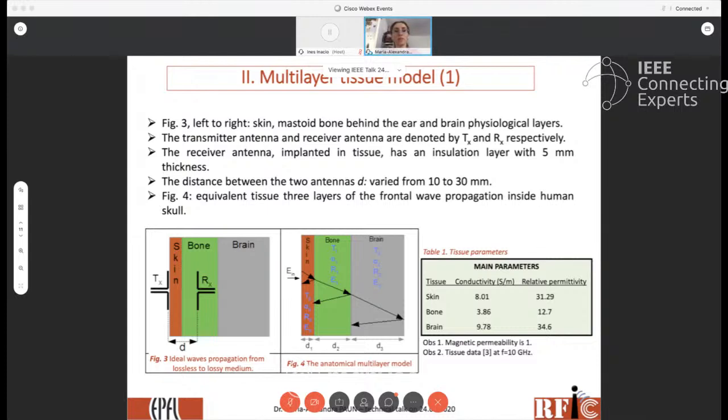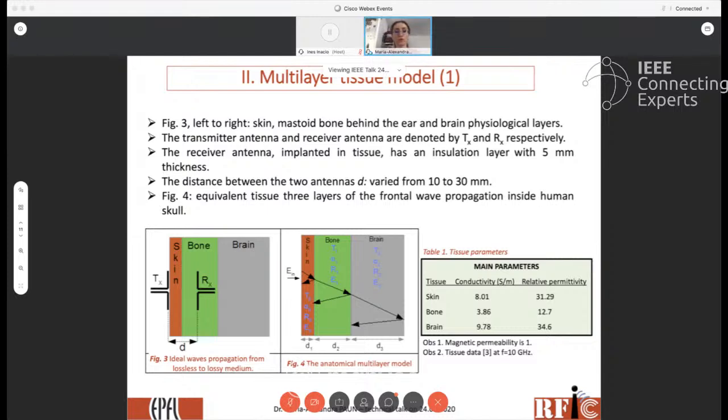And then we were able to characterize via mathematical equations how the signal is being affected while being transmitted from the outside of the body, from the initial transmitter antenna to the receiver antenna on the other end, which is already placed inside the skull of the patient, closely located to the mastoid bone. So we don't get into the brain.